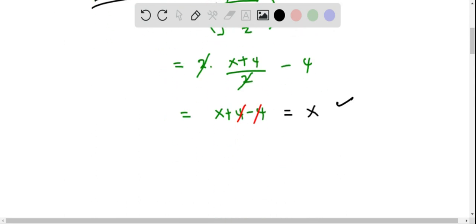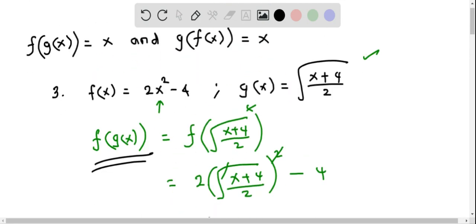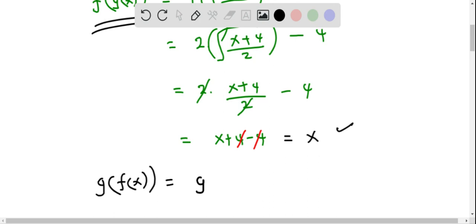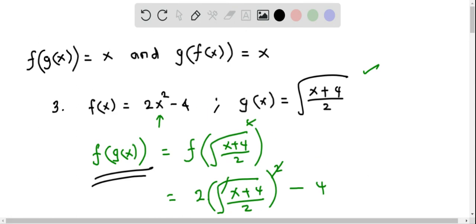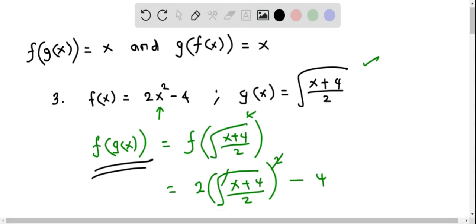Now let's find g of f of x. So let's replace f of x by the expression 2x squared minus 4. So therefore this becomes g of 2x squared minus 4. Now we have to replace this x in g of x by x plus 4.